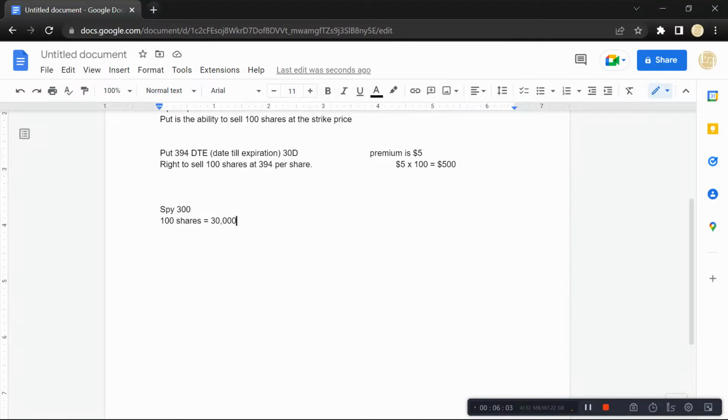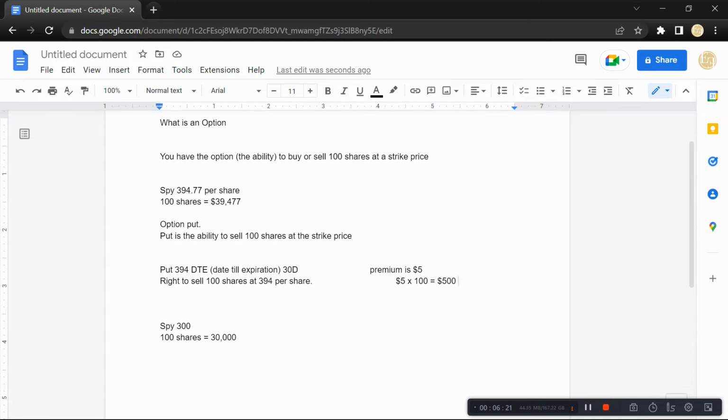But if I have this contract here, I have the right to sell 100 shares at $394 within 30 days. So let's say the SPY drops to $300 within 30 days. My premium that I paid doesn't matter anymore. I bought this contract for $500, so I get to sell each one of my shares at $394.